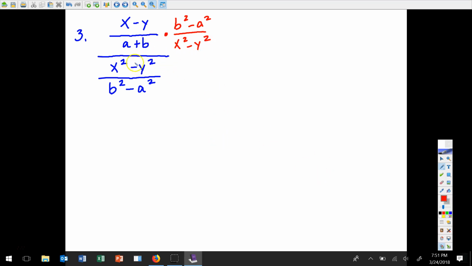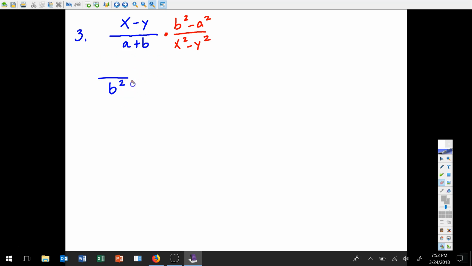Now I really do not need this bottom part any longer, we've changed this into a multiplication problem. So I'm just going to erase this so we don't have to look at it. But just remember to invert the right fraction, or in this case the bottom fraction, if it's a complex fraction. Invert and multiply. Invert just means flip it over.